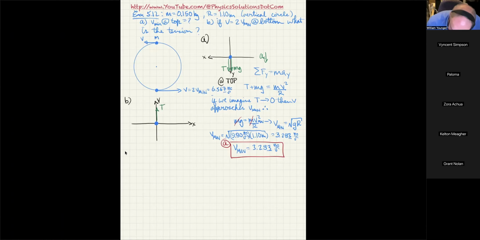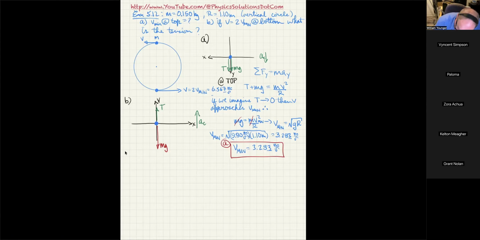Now, in addition to that, we don't get a hiatus from gravity, so we're going to have mg acting downward. And of course, the acceleration here has to be a sub c, the acceleration of the mass at that particular point.